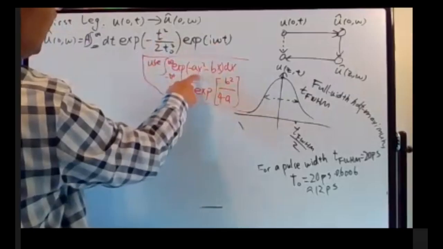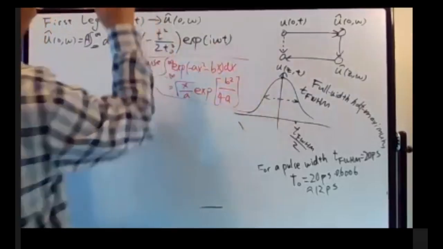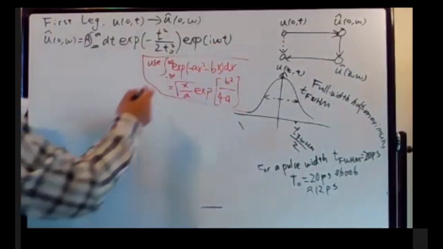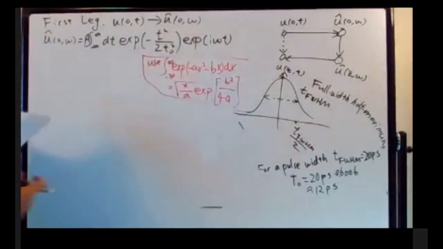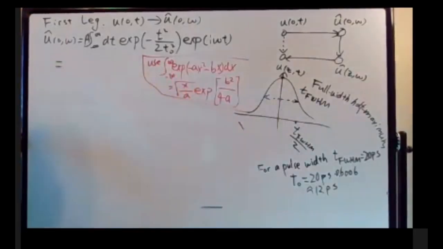A is 1 over 2 t naught squared. A is 1 over 2 t naught squared. Okay, so we take this.